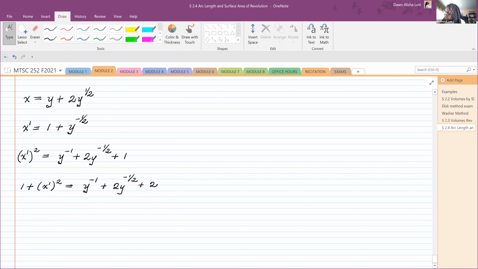So now I need the square root of that. If I take out a y, I get 1 plus 2y to the 1/2 power plus 2y.